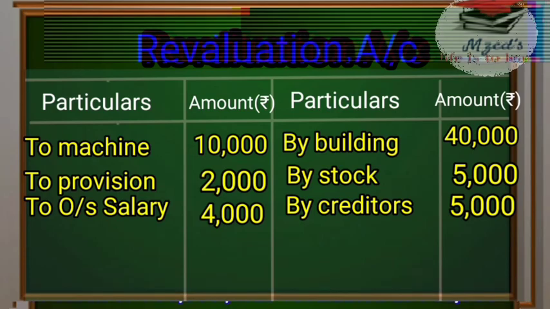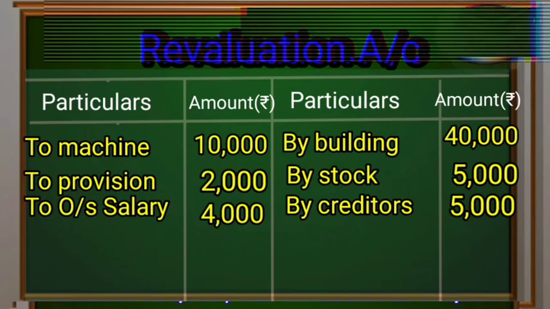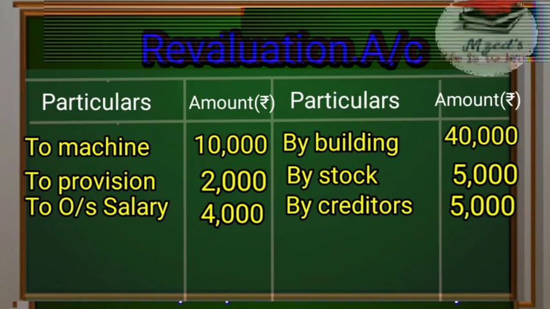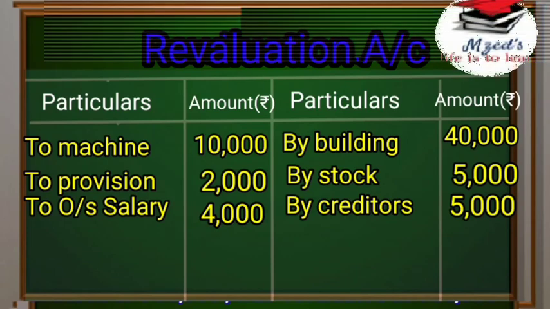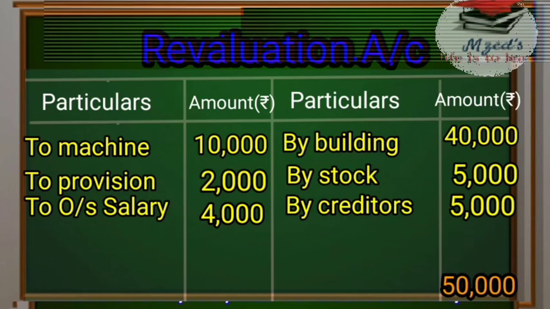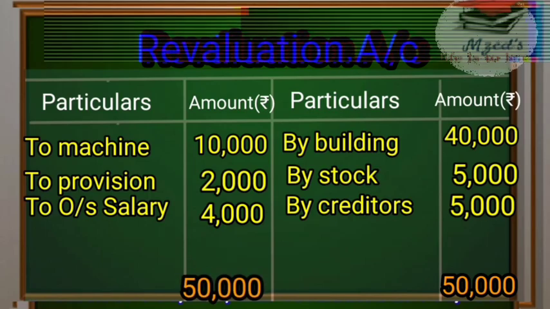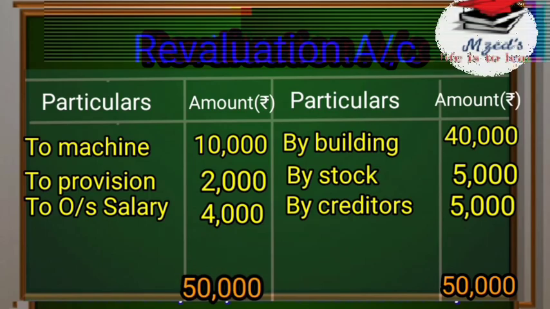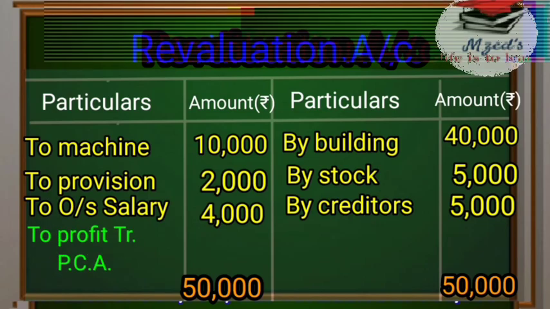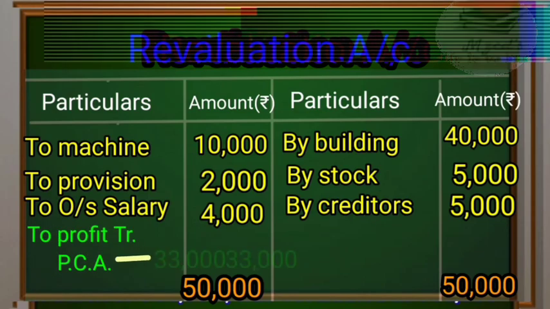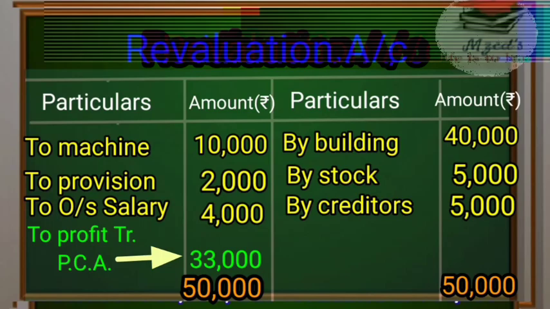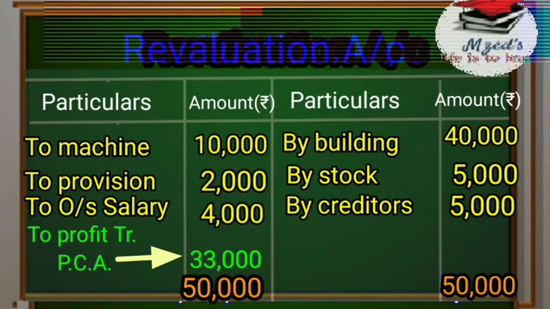So these were the entries which we prepared, and after that what we will do, definitely we will make the total of the credit side because it is the greater one, and find out the difference, that will be the profit, and we will transfer it to the partners capital account 33,000 rupees in their profit sharing ratio.